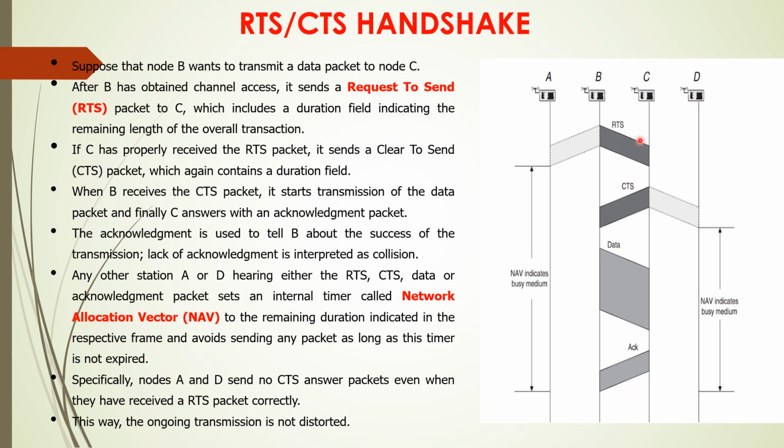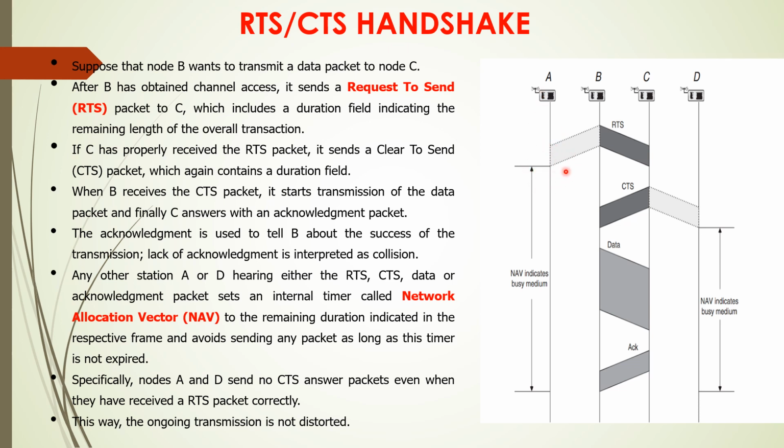At the same time, B will send this RTS frame to its neighbor A also. We are going to transmit information only between B and C, but to avoid the hidden node problem, B sends the RTS frame to C and at the same time to its neighbor A. Now A receives this RTS frame.